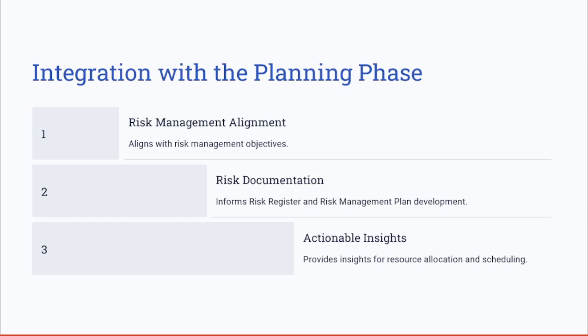The output of this analysis, such as updated risk priorities and estimated contingencies, is documented in the risk register and also used to refine the overall project plans. This integration ensures that the risk management efforts are proactive and data driven.